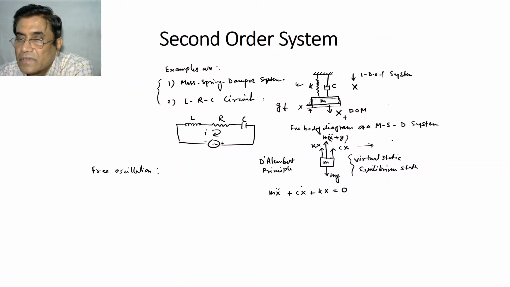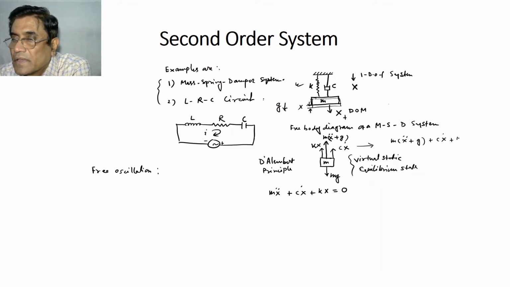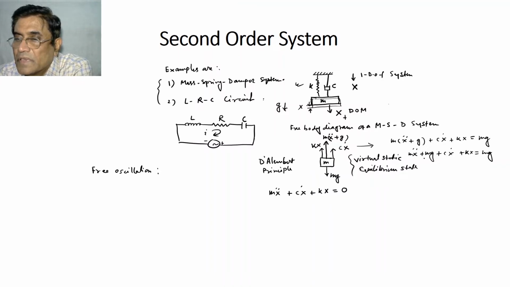Just I will tell you. You can also figure out: mx double dot plus mg plus Cx dot plus Kx equals mg. So this mg cancels out.